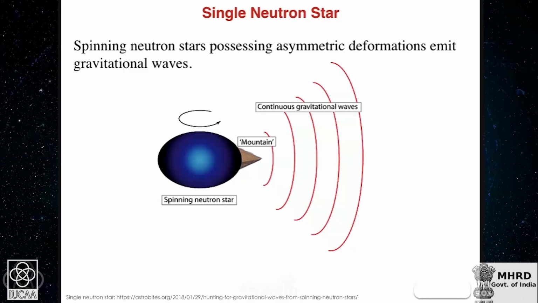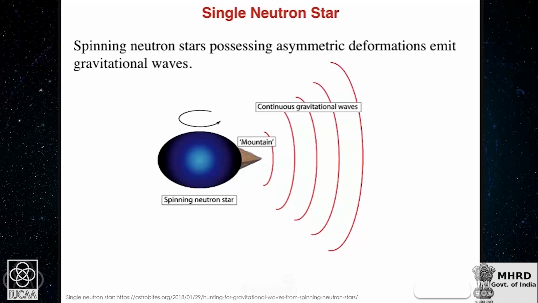A clean rotating star would not emit gravitational waves, because there is no time varying quadrupole moment. If you produce an asymmetry or a distortion, for example a mountain, then the structure produces a time varying quadrupole moment, which can be plugged into the quadrupole formula to obtain the gravitational wave emitted.